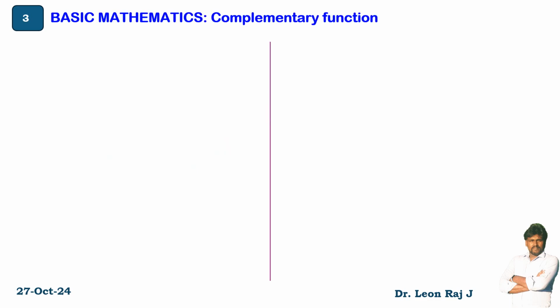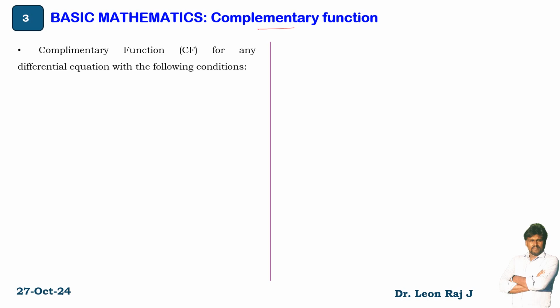So, basic mathematics: how to derive a complementary function for a differential equation. In the previous lecture itself I have explained that the response or the solution of a differential equation includes two parts. One is the complementary function and another one is the particular integral.